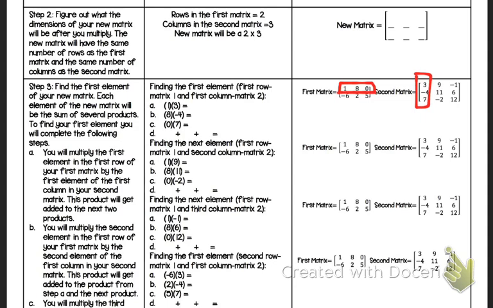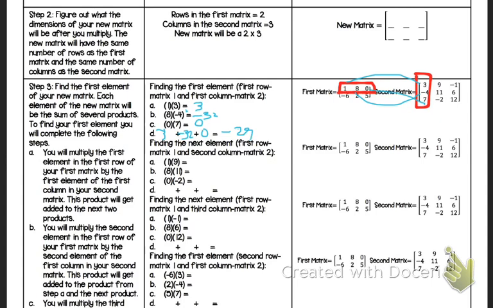We have to multiply the corresponding elements together, so this one goes with this one, 8 goes with negative 4, and 0 goes with 7. So 1 times 3 gives you 3. 8 times negative 4 gives you negative 32. And 0 times 7 gives you 0. After you have all those, we add them all together. So 3 plus negative 32 plus 0 gives us negative 29.